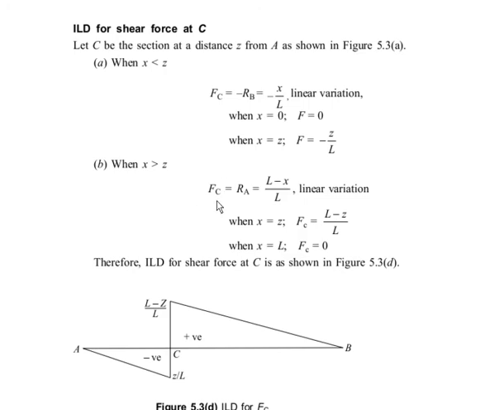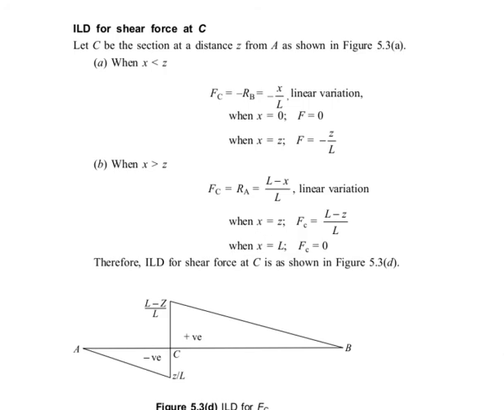In any way you can find the shear force at C. So in this condition, just imagine the figure which is not given, the unit load crossing the point C, beyond C and between C and B. Then the shear force at C is equal to RA. We know the value of RA, L minus x by L.